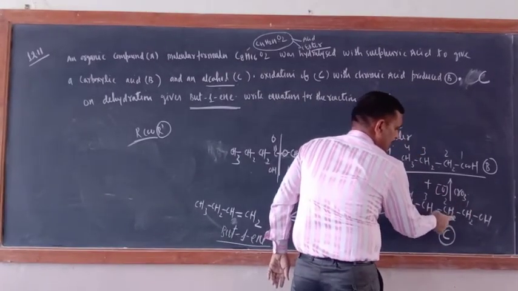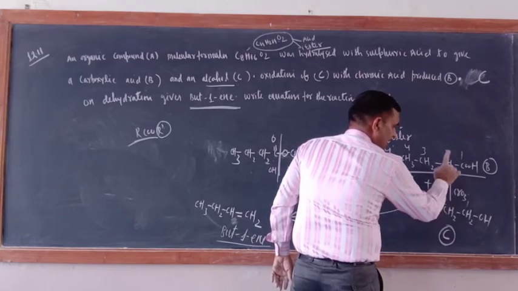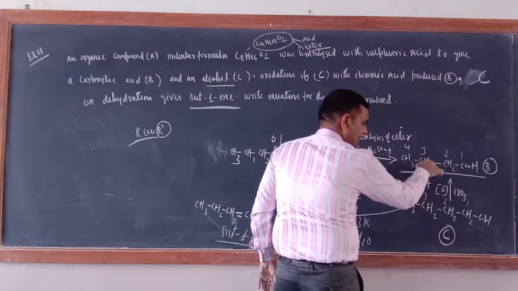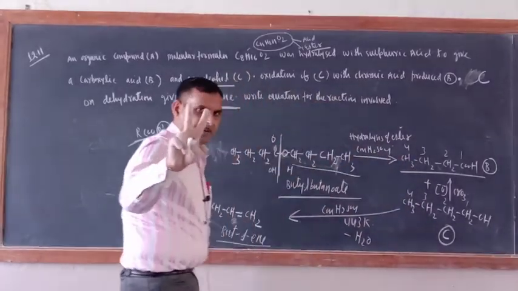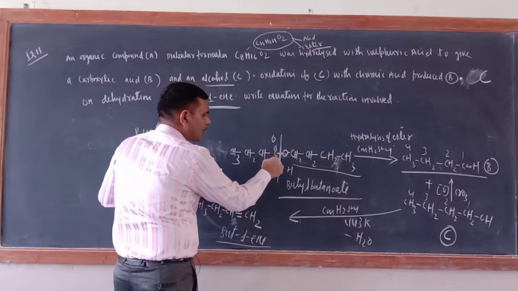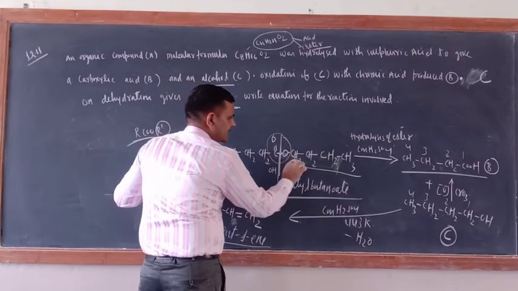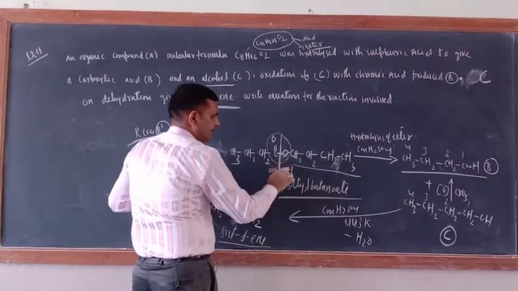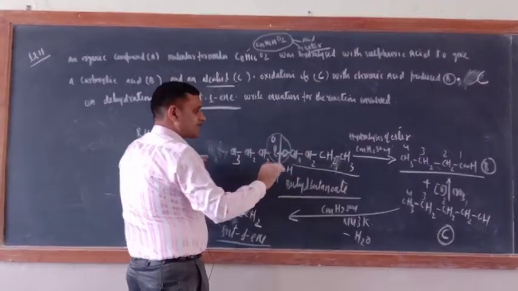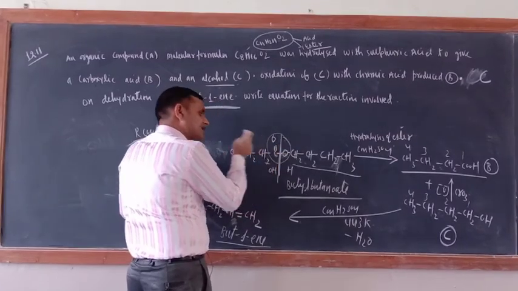If you subject it to oxidation, you will get the 4 carbon atom carboxylic acid. That is by putting this C double bond O group in such a way that either side of this one has the same number of carbon atoms. One side 4 and the other side including this C should be 4.